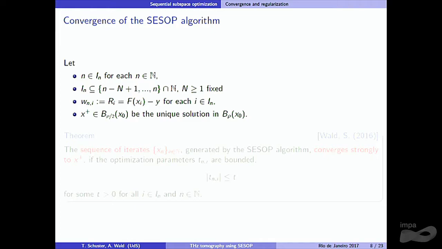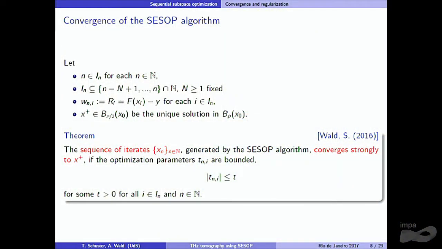And as pre-image, we use the actual residuum for each index in this set. And we have to assume that a unique solution is in a neighborhood of our initial guess. That's maybe not that surprising, because if you have a nonlinear equation and you use an iterative method, then you have local convergence. So you have to guarantee that there's a unique solution in this neighborhood of the initial guess.